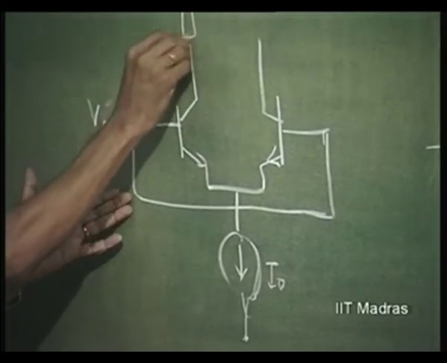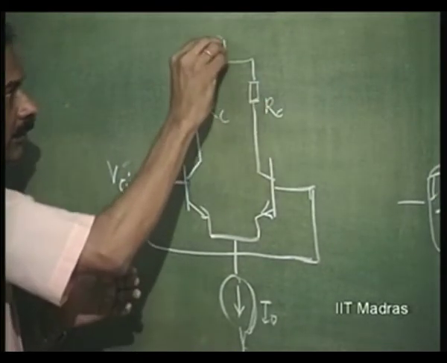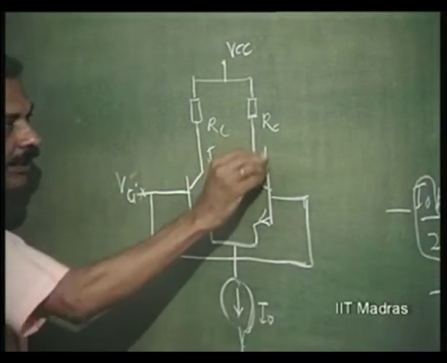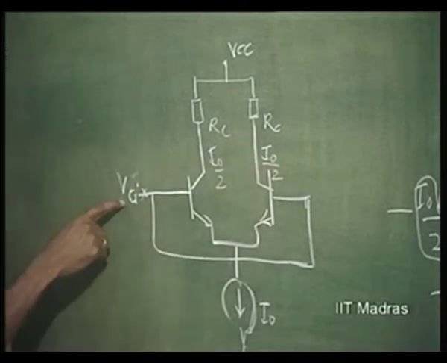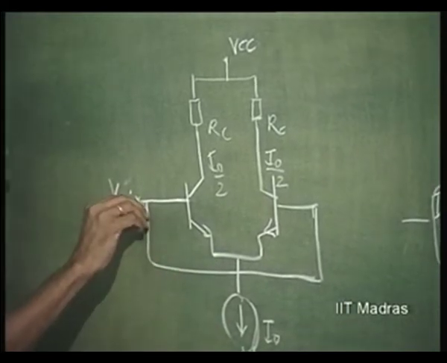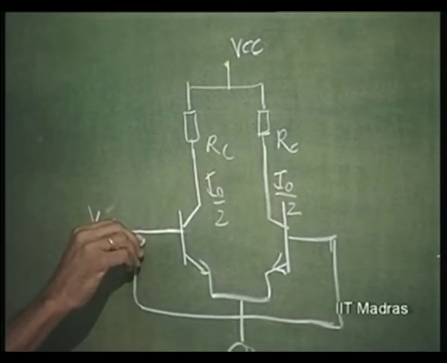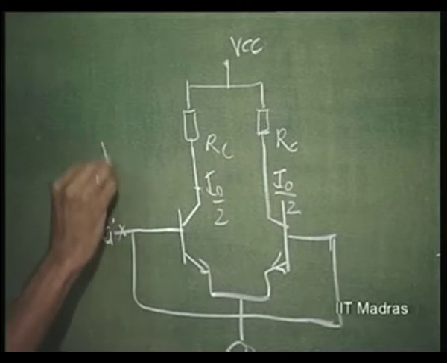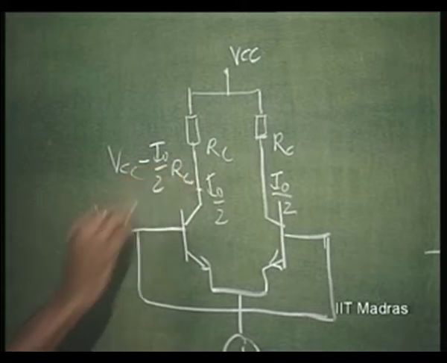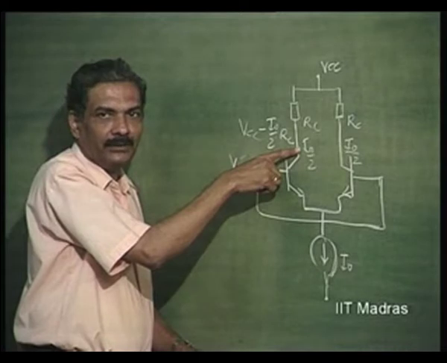If this is Rc, this is also Rc, this is Vcc, then the current in this will be I naught by 2, I naught by 2. And since the common mode signal is not going to cause any change in this current, when the common mode signal is increasing, the reverse bias voltage applied to the transistor will keep decreasing. So, this can go on up to Vcc minus I naught by 2 Rc. This voltage is going to remain almost constant at Vcc minus I naught by 2 Rc.